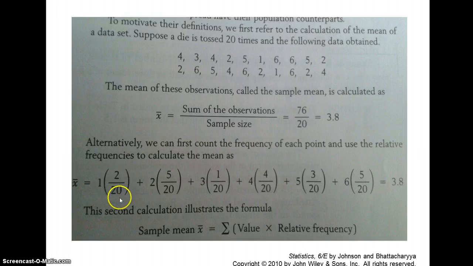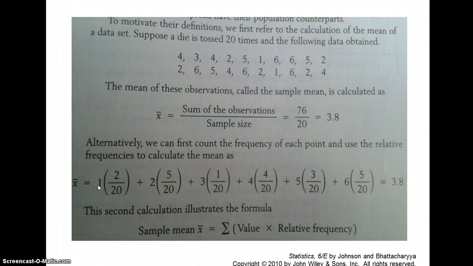For 2, that's 5 out of 20, and 1 3 out of 20 numbers, 4 4's out of 20, 3 5's out of 20, and 5 6's out of 20. So we can also do 1 times 2 out of 20, plus 2 times 5 out of 20, plus 3 times 1 out of 20, plus 4 times 4 out of 20, plus 5 times 3 out of 20, plus 6 times 5 out of 20. And we add them up.